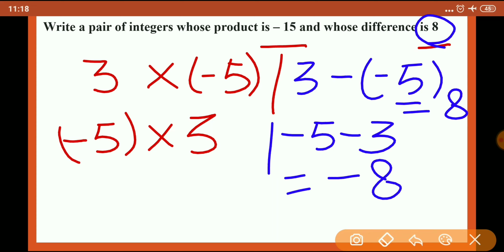So which one is correct? This one: 3 into minus 5, not minus 5 into 3, because here you will get minus 5 and minus 3. Fine. So you have to keep this in mind.